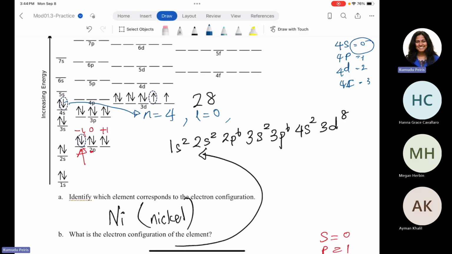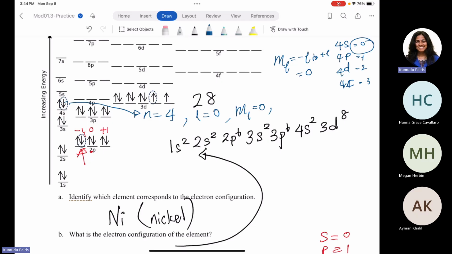Next, what is ml? Ml goes from negative L to the positive L. Since it is 0, it has only one value. So the ml will be 0 again because it has only one type of sub orbital.